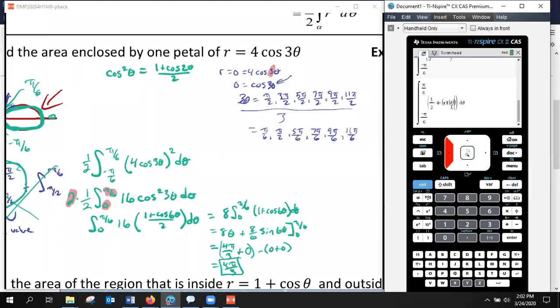Pardon the technical difficulties. And try one more time. I don't need the 4 in there, mainly because the 4 is going to be part of the R1. All right, I finally get 4 pi over 3. Yay.